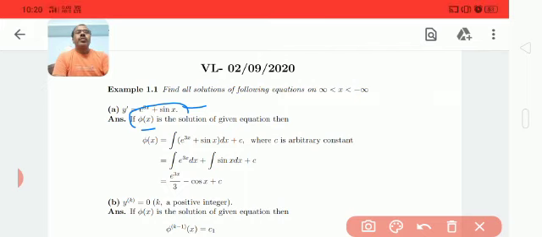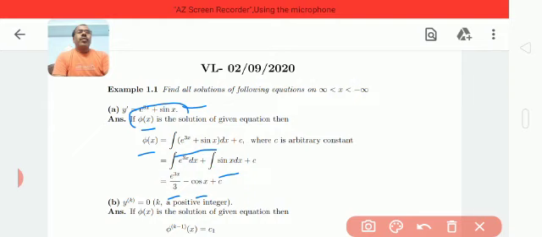So just we integrate this. What is the integration of phi dash x with respect to x? It is simply phi of x, and take the integration of right hand side. Integration of e to the power 3x with respect to x is e to the power 3x upon 3, and integration of sine x is minus cos x plus constant of integration.